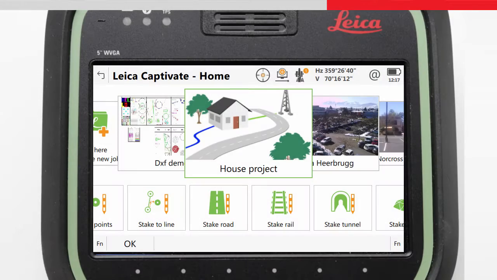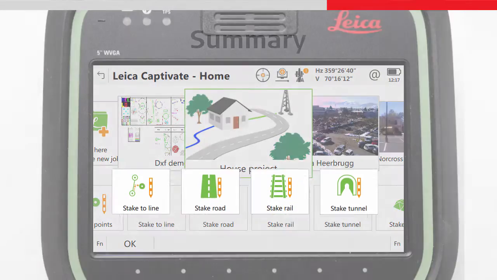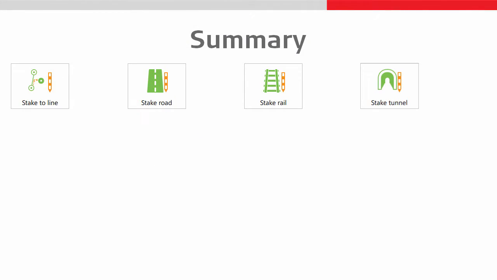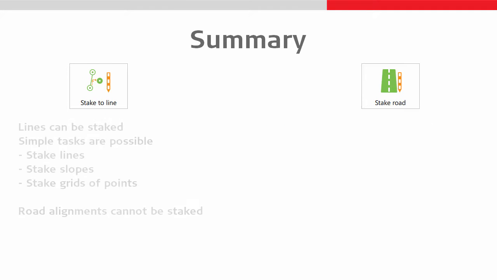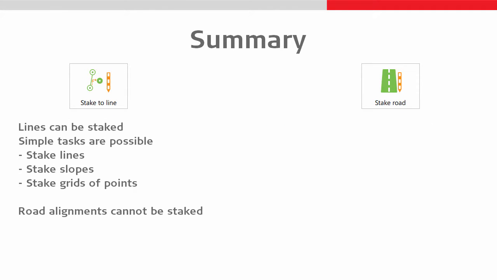In summary, there are quite a few apps in Leica Captivate which allow a linear object to be staked. Stake Rail and Stake Tunnel are quite specialised, using alignments with design features specific to railways and tunnels. The Stake to Line app allows lines to be staked and relatively simple tasks to be performed.